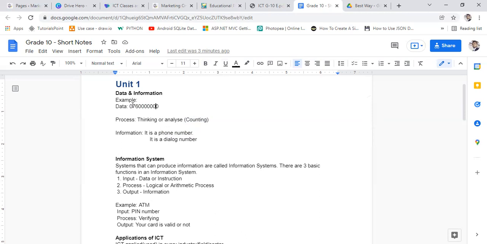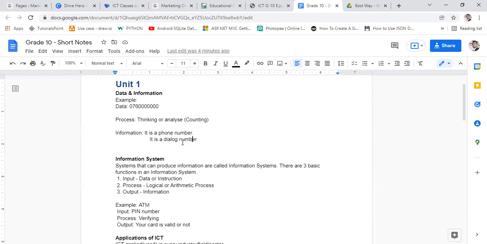And when you just look at these digits, it's 0 7 6. So we know that it's actually the communication service provider. So that is Dialog. So these are actually information that we can get from that data.